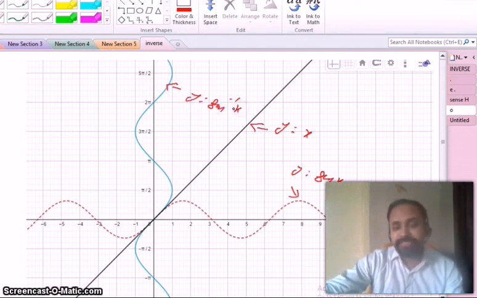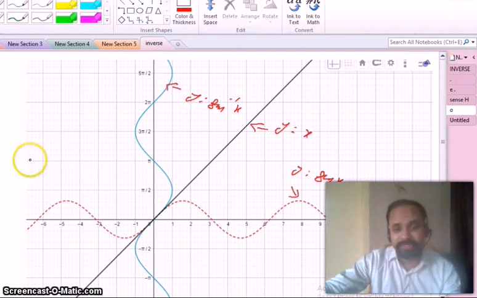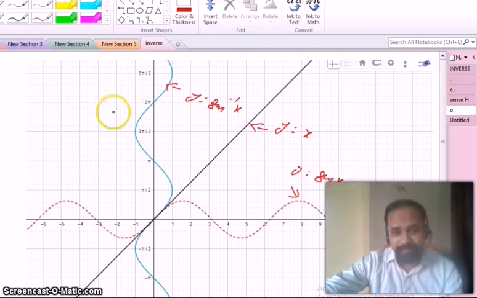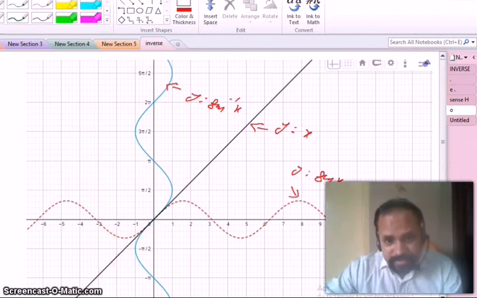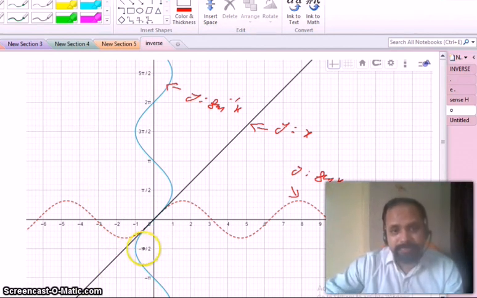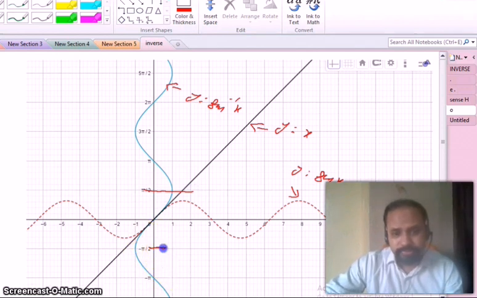But for the entire range, this graph is not invertible, so we have to restrict the range of the graph of sine inverse x. If you take from minus pi by 2 to pi by 2, obviously the graph is one-one.